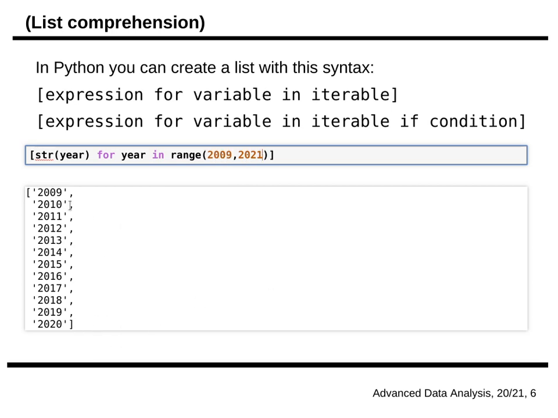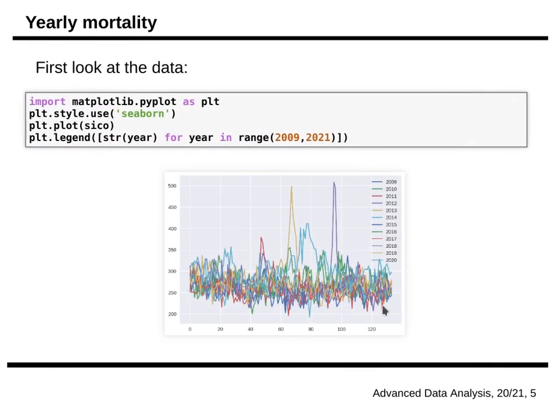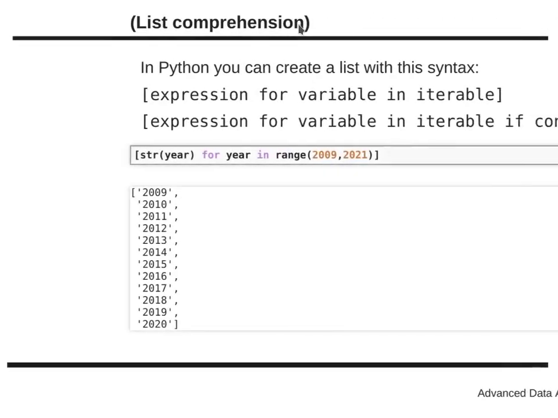This will produce all these numbers in turn, and this expression will be added to the list, which is the conversion to a string. So this way we create this legend here, the list of strings for the legend.